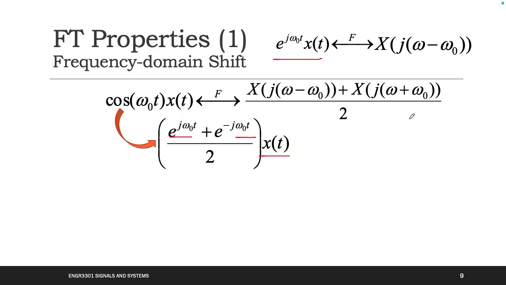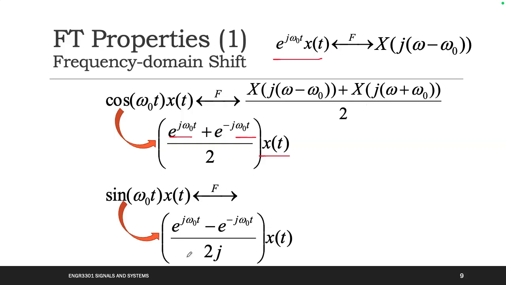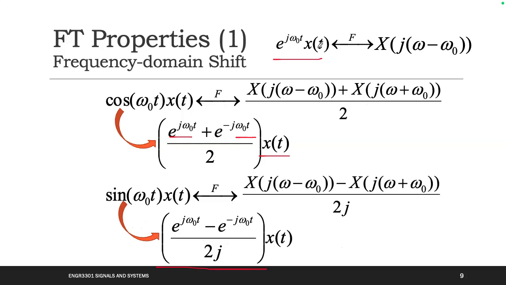That makes sense to you? Any question? Okay, and then sin, a similar thing. Because sin you can also use Euler equation to convert to this one, and then use the time shifting properties and get this one. That makes sense to you? This is the new FT for this kind of signal.